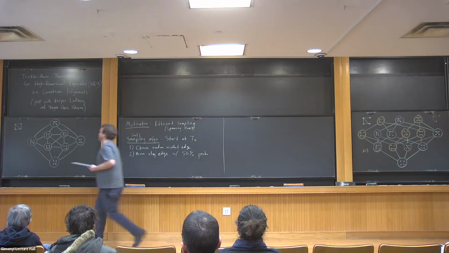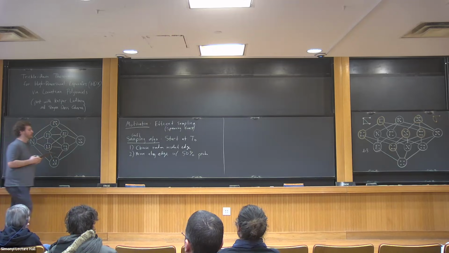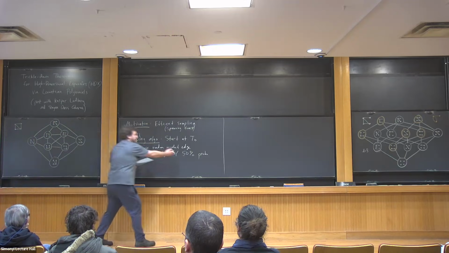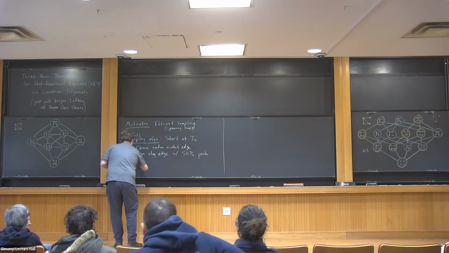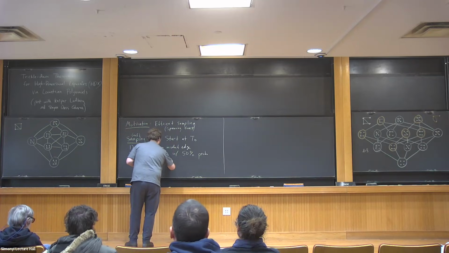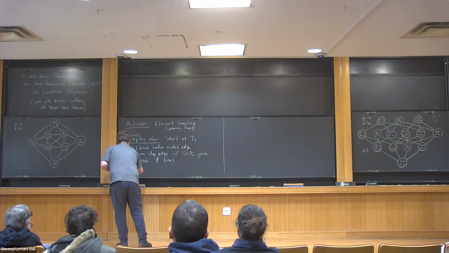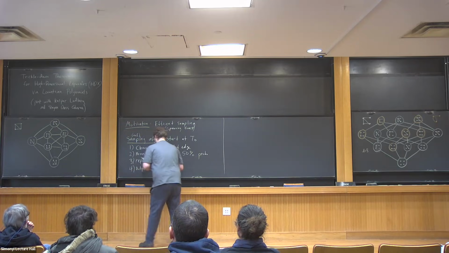So maybe I start here, I pick a random edge, maybe it's this one, and now I flip a coin. If it's heads, I move there, and if it's tails, I stay where I am. And again, if I was doing something non-uniform, maybe this 50 would change. But we're going to stick with uniform. And so then we would repeat this t times for some t. And then we would output the final spanning tree, wherever we land after these steps.